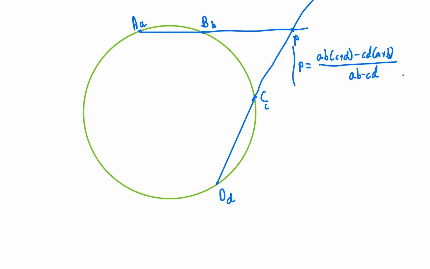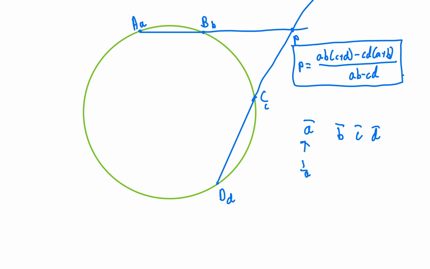Okay, so this is useful to know, and there's a formula for this if A, B, C, and D are arbitrary points that don't necessarily lie on the unit circle, and that is a lot more complicated. The formula where A, B, C, and D are arbitrary points will have a lot of conjugates, and you can replace them with 1 over A since it's the unit circle. See the last video if you don't know how this works.